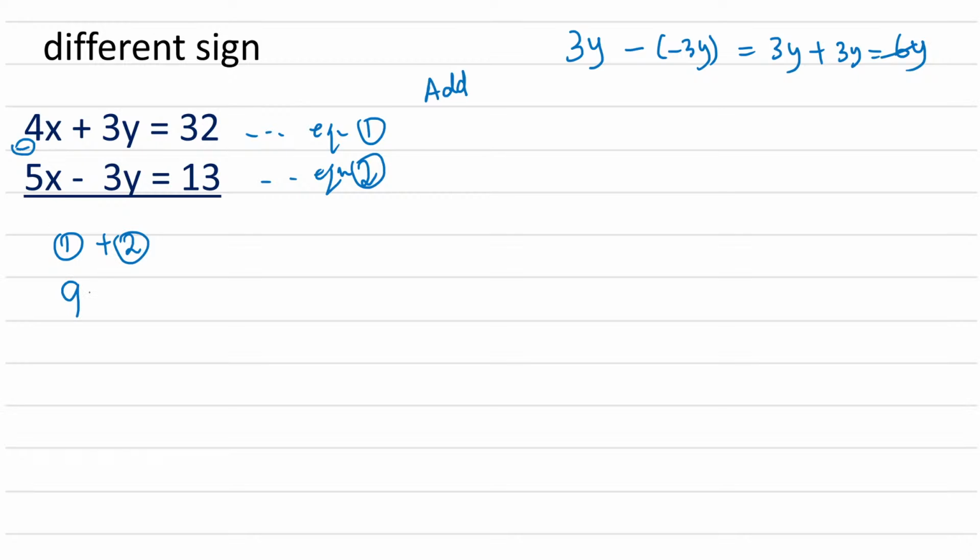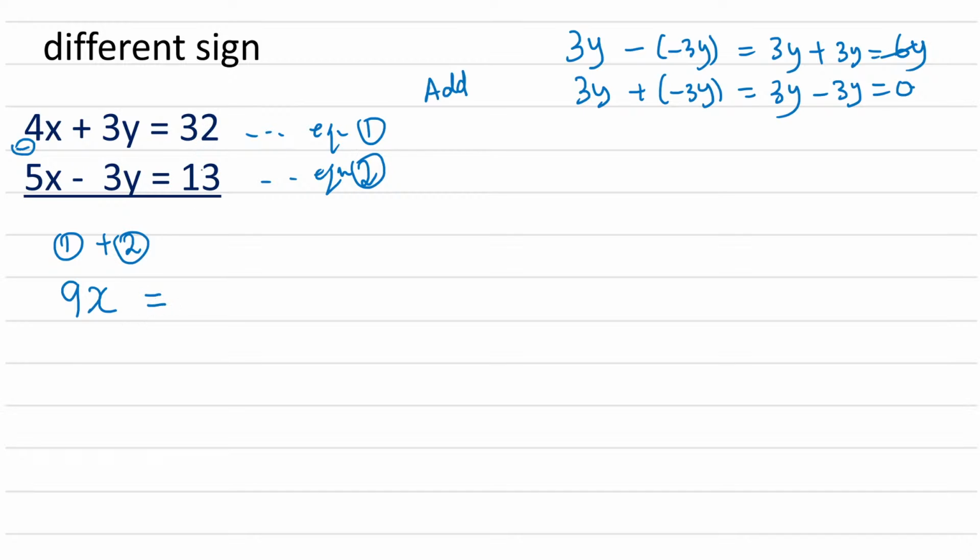You get 9x. And then 3y plus a negative 3y, which gives you 0, and that is what I want to achieve. So the y's are gone, I have eliminated them.